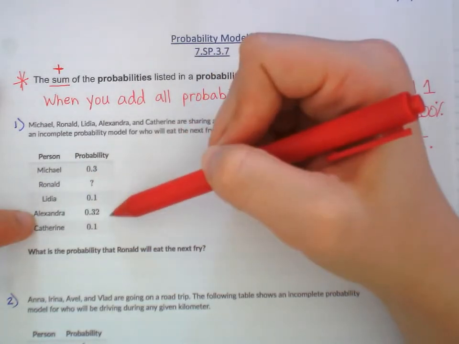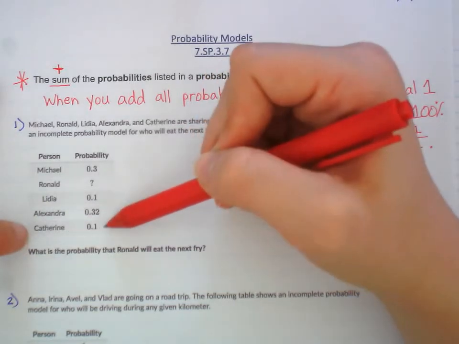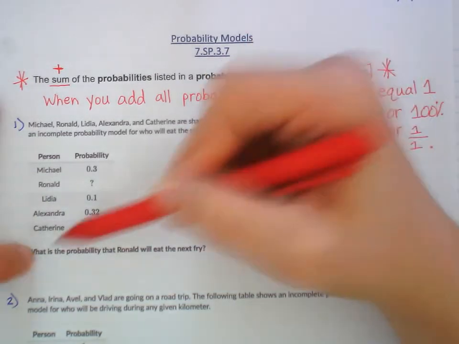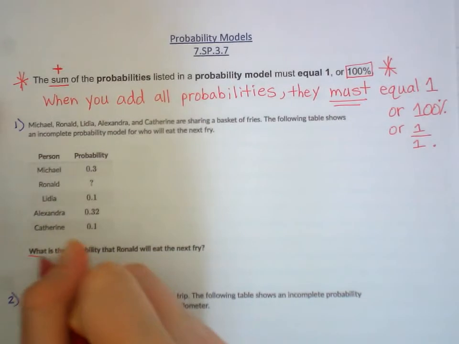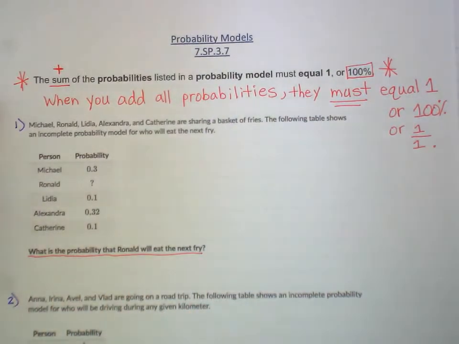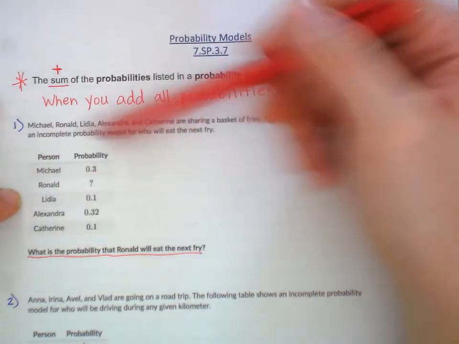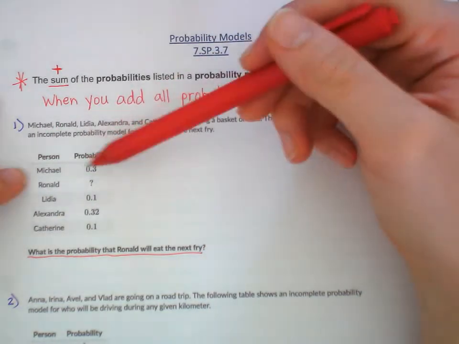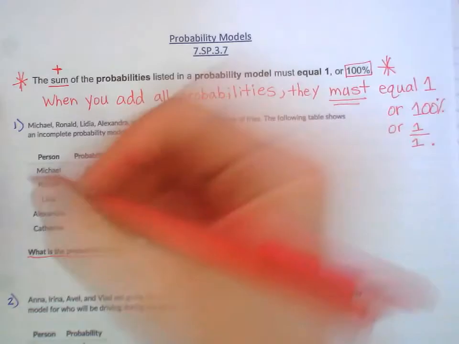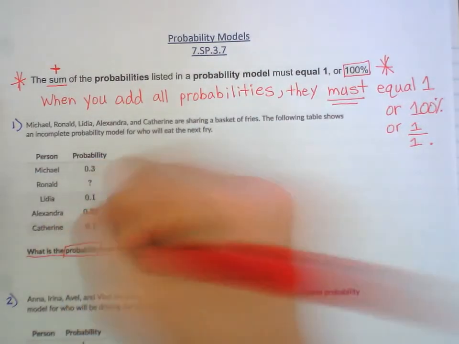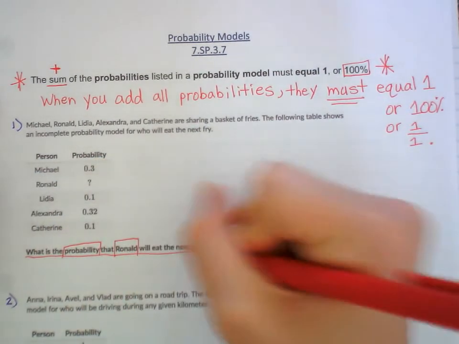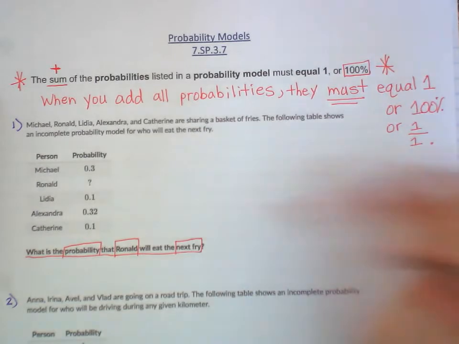Alexandra, 0.32. Catherine, 0.1. What is the probability that Ronald will eat the next fry? So, in your notes, you should write down this table and the question.